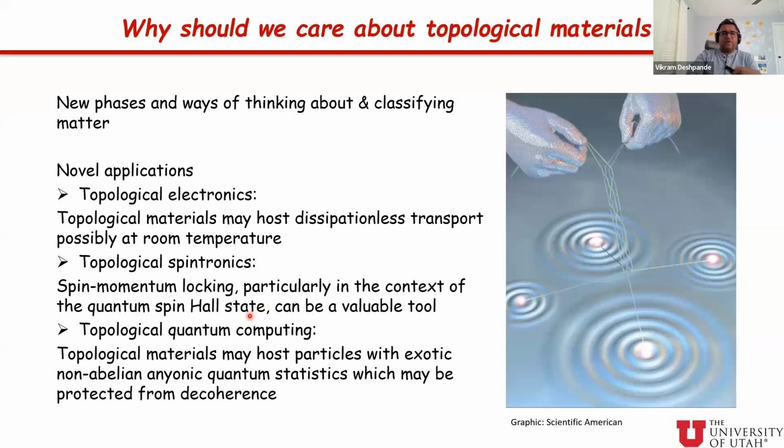You have the quantum spin Hall effect, for example, that has spin momentum locking, and that is particularly useful for spintronics. And of course, you have a whole bunch of materials that might be useful for topological quantum computing.